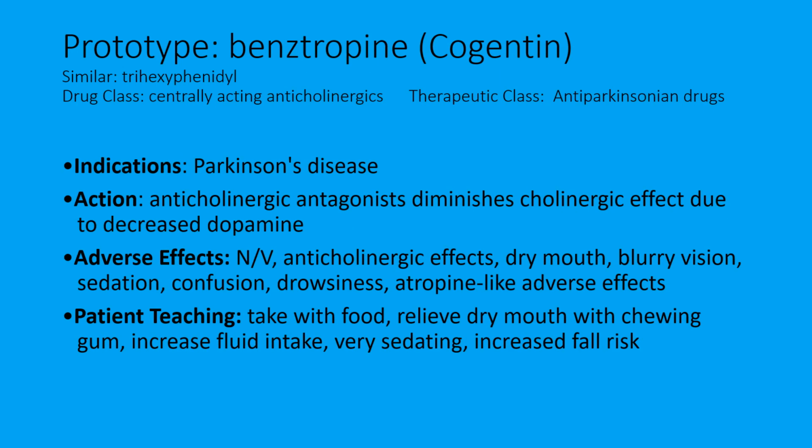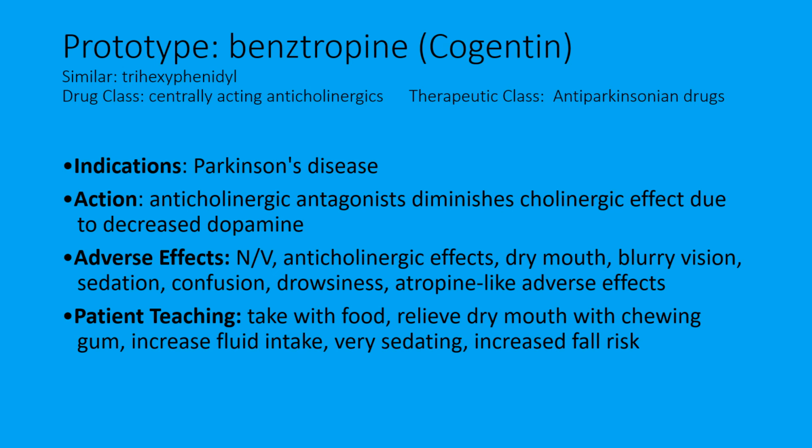Okay, this next medication you've seen or you've heard of before, called benztropine, and it's a medication that we can use for patients on antipsychotics that are having extrapyramidal symptoms. So stiff muscles, dystonia, akathisia.